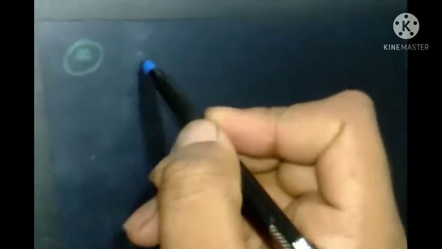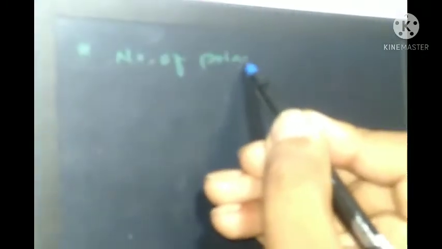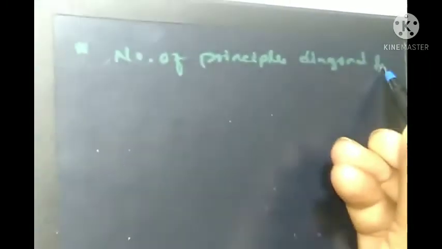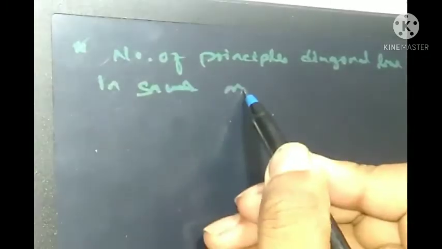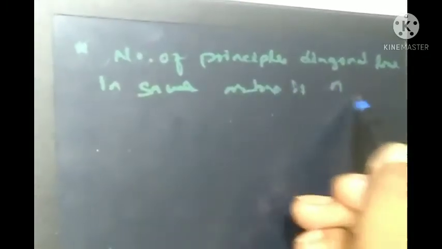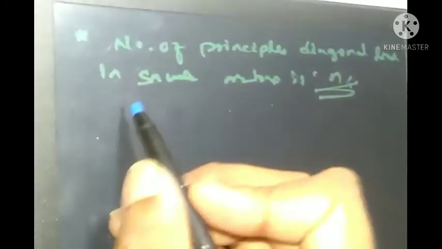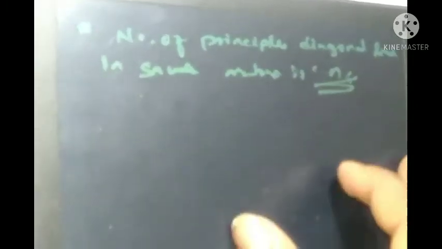Now we have to observe some important observations. The number of principal diagonal lines in a square matrix is n.